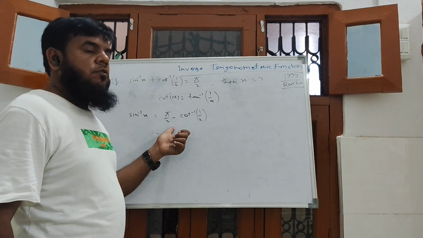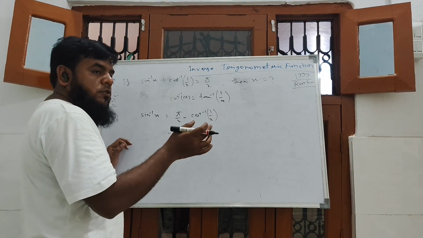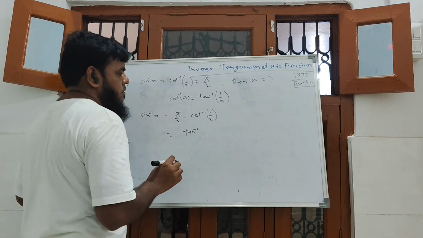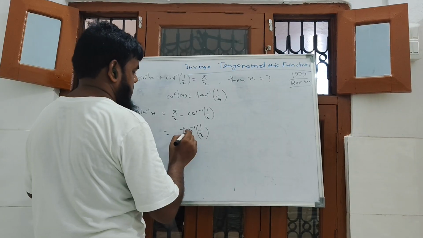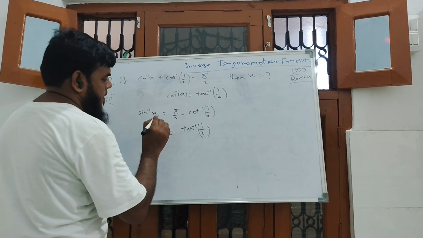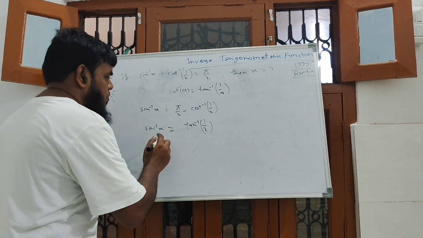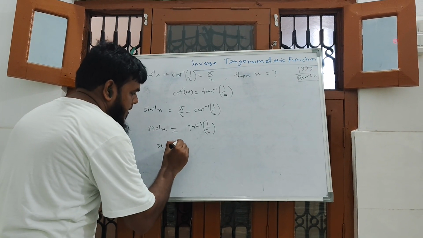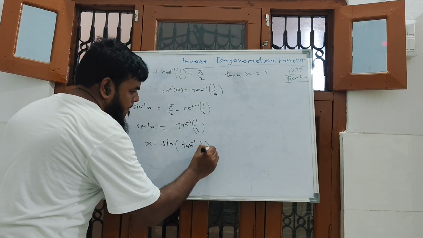So pi by 2 minus cot inverse 1 by 2 equals tan inverse 1 by 2. So x equals sine of tan inverse 1 by 2.